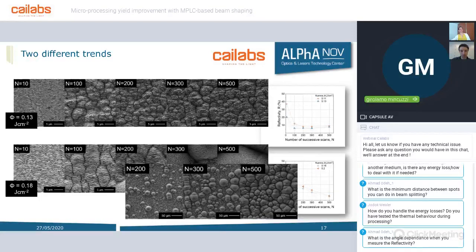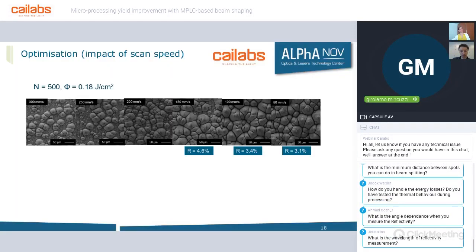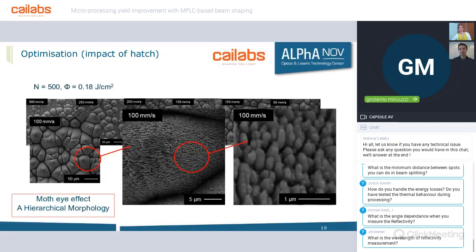So we tried to further optimize the process by varying the scan speed, and we obtained values lower than 5% starting from 150 millimeters per second. You can see that in this case you have the typical hierarchical structuring, with a superposition of a kind of nanoporosity over the spikes, which is inspired by the eye of the moth.